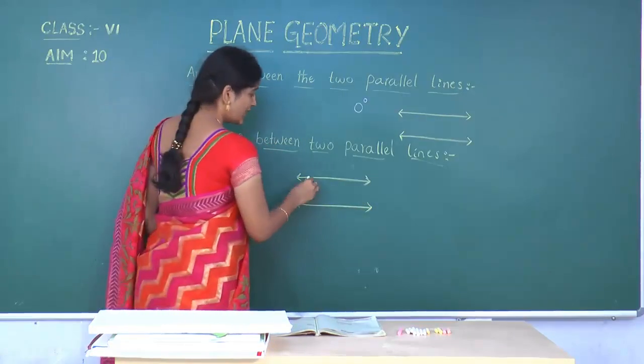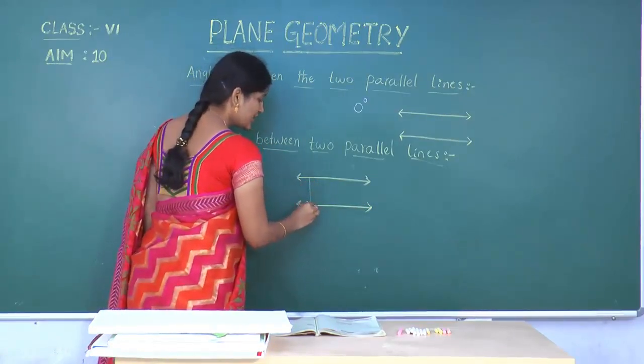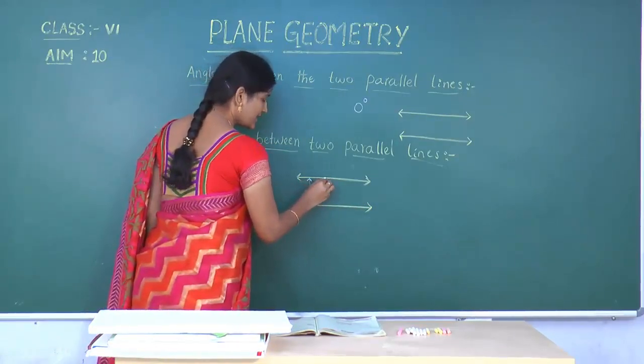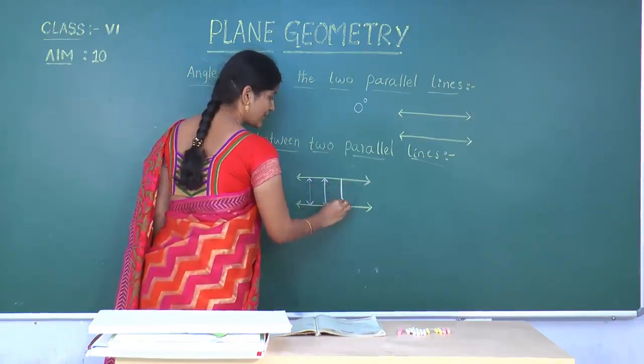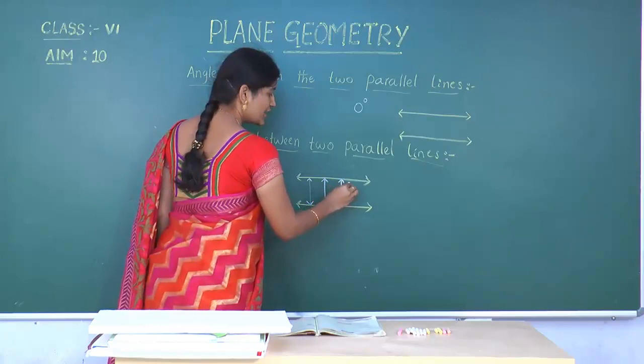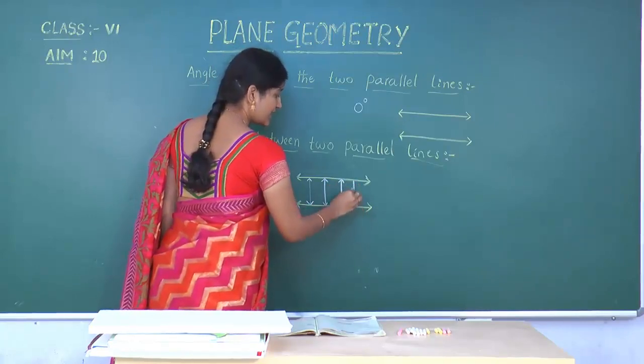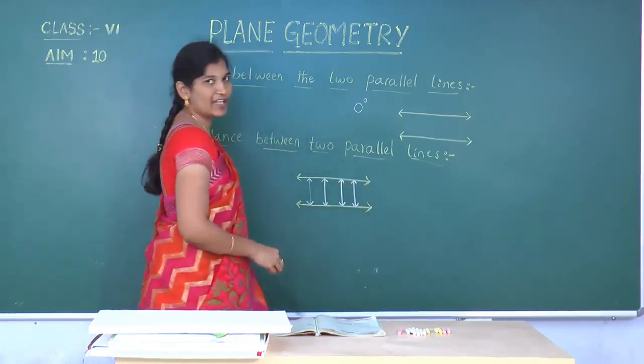Observe, the distance between two parallel lines is constant. The distance between any two parallel lines is the same anywhere.